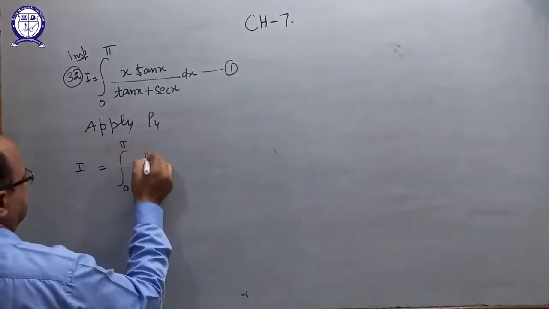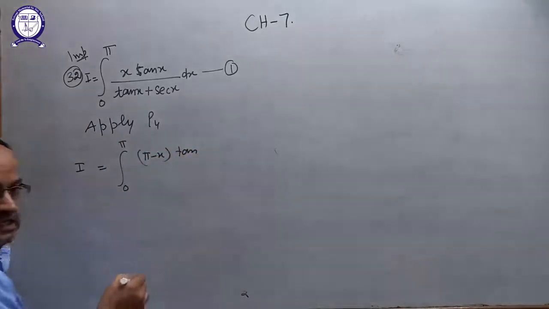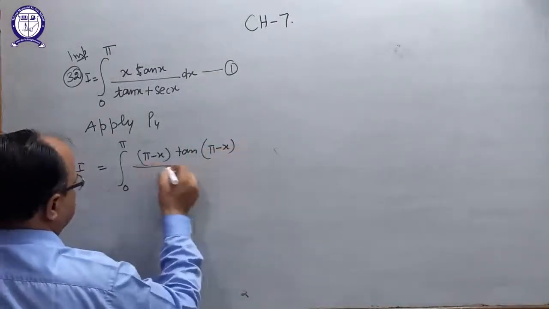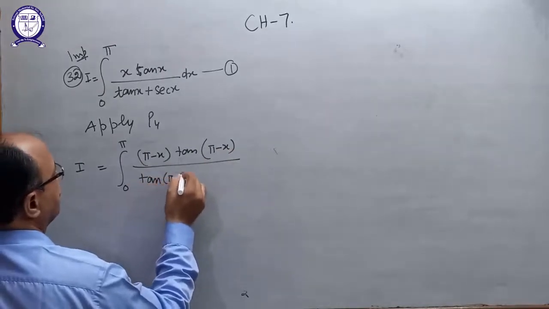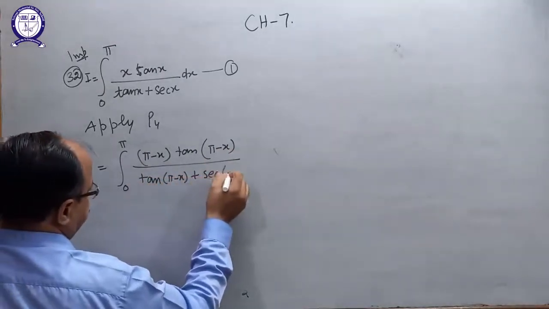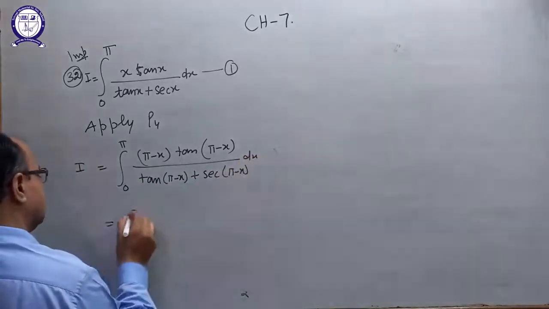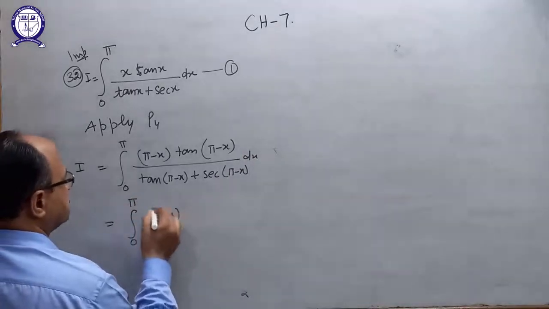Integration 0 to pi of (pi minus x) tan(pi minus x) upon tan(pi minus x) plus sec(pi minus x).